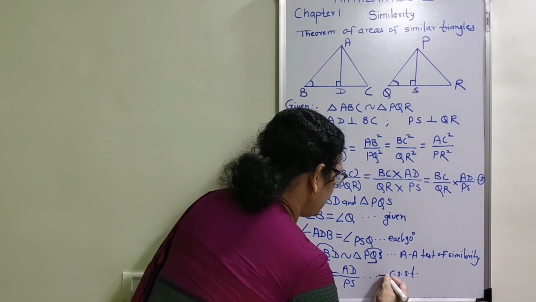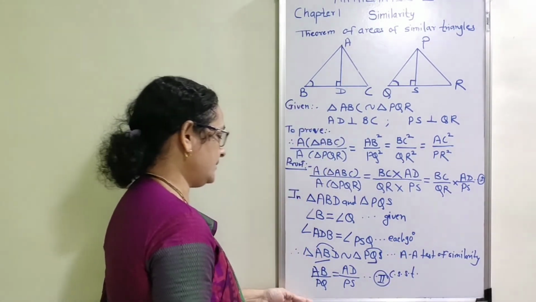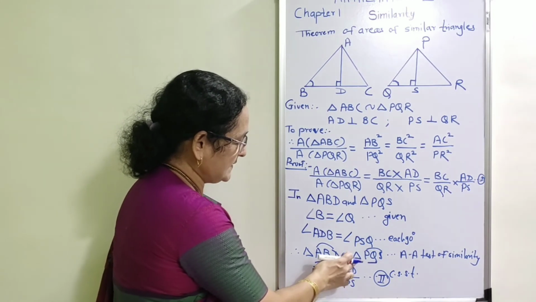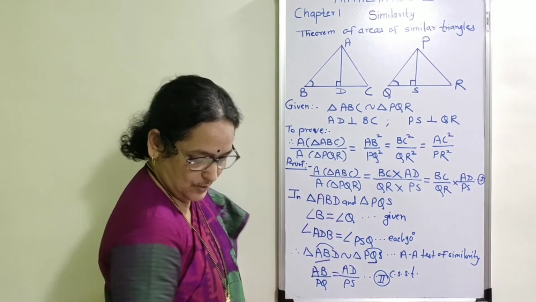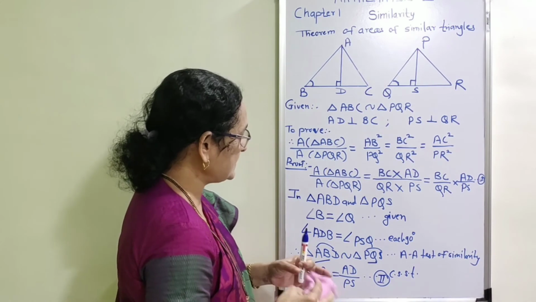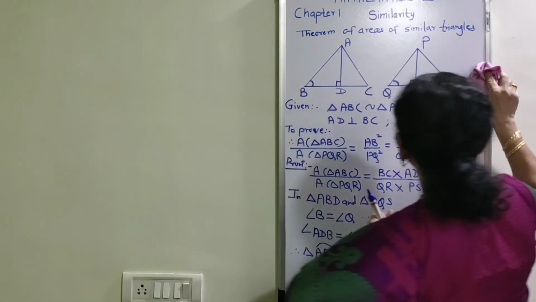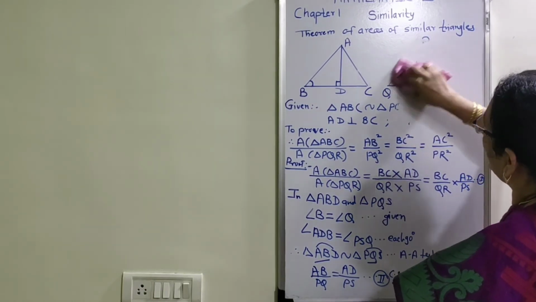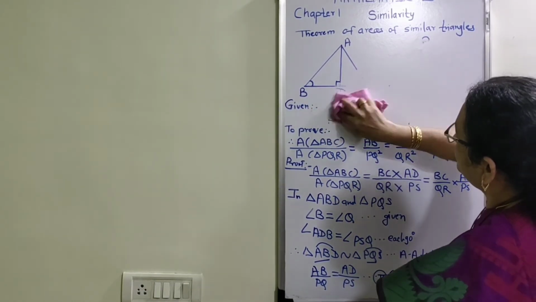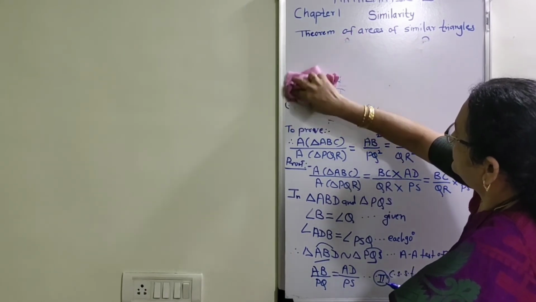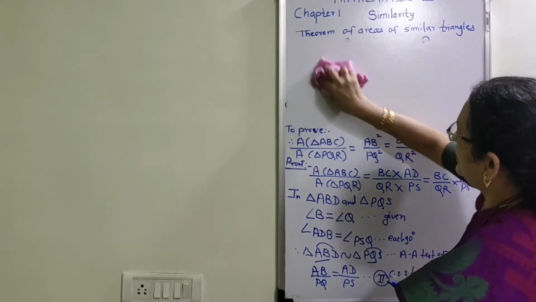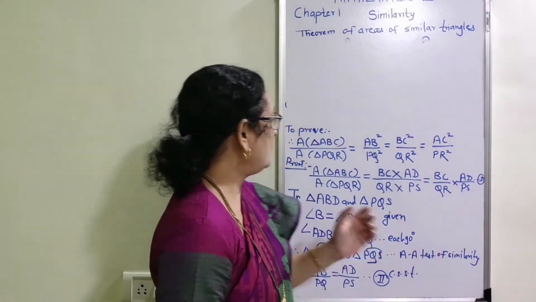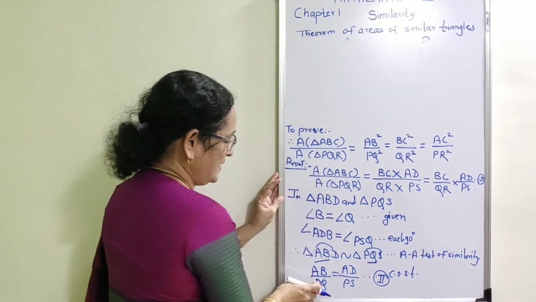This is my statement number 2. Now I have proved that AB upon PQ is equal to AD upon PS. I do not have sufficient space, so I am going to write the remaining steps of the proof here.